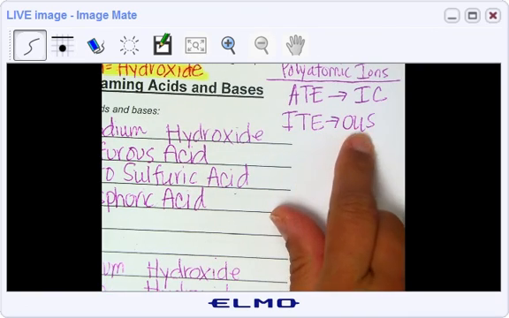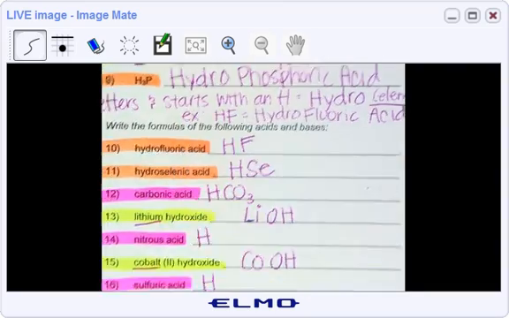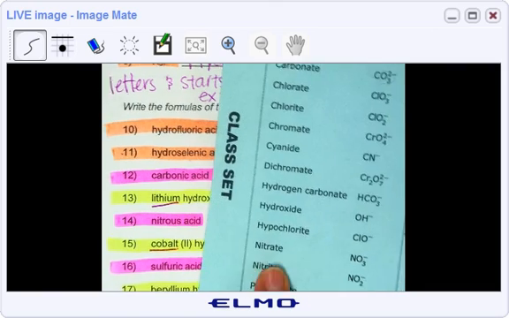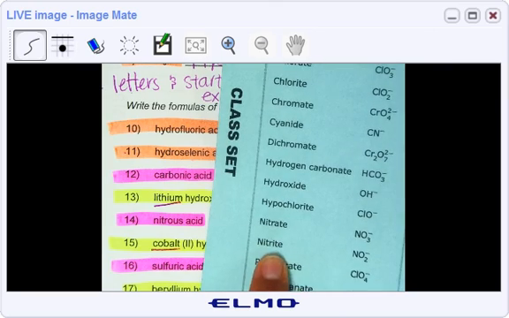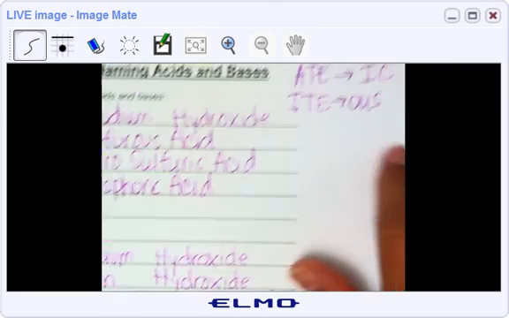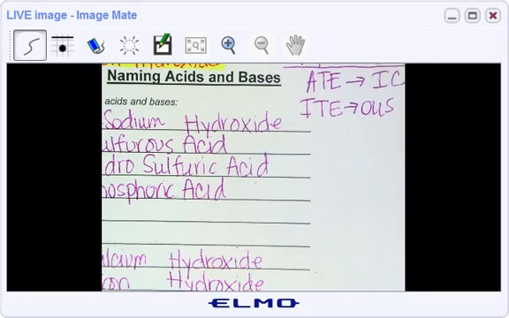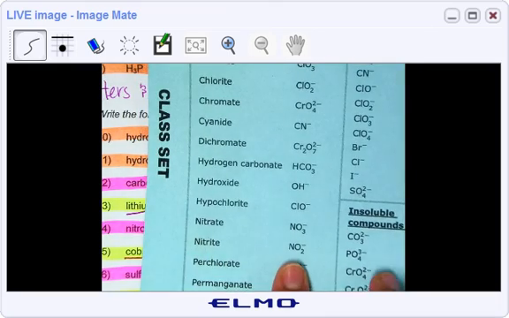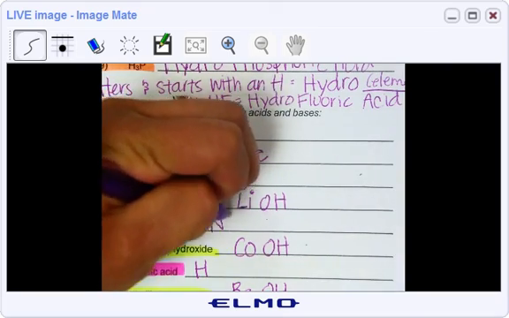It's saying it's nitrous acid, so originally the polyatomic ended in ITE. We only had to double check that one because I'm unsure if it started off as nitrate or nitrite. But because the acid ends in OUS, it lets me know that it ended in ITE. So that would be nitrite. And the formula for nitrite is NO2. So I just write NO2.